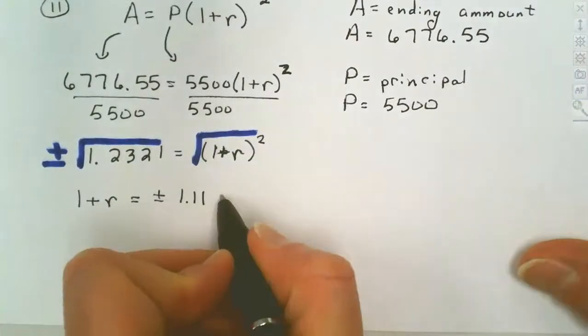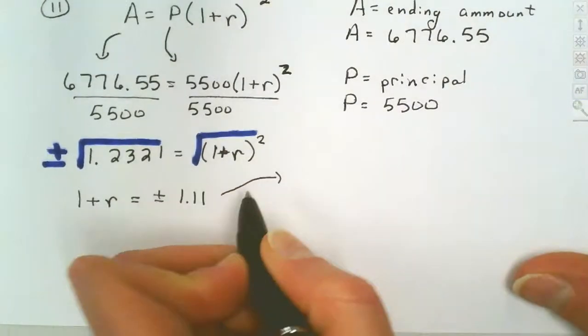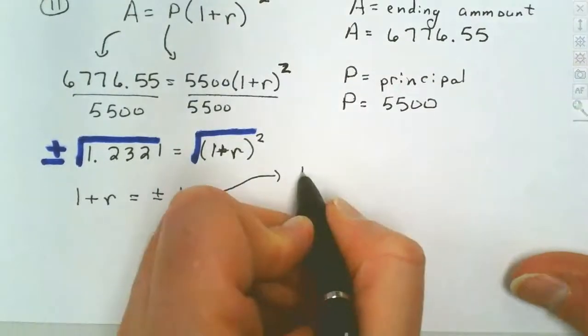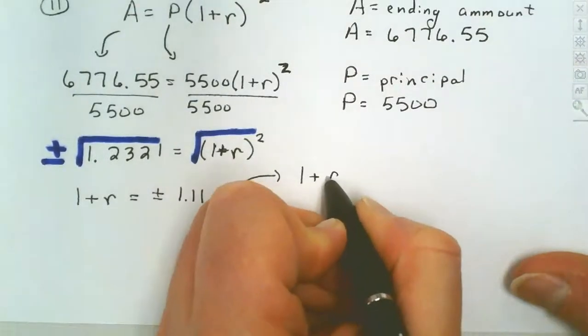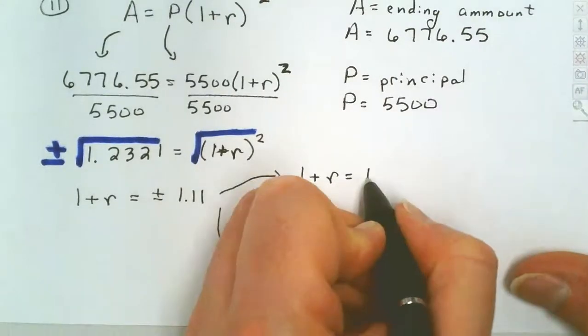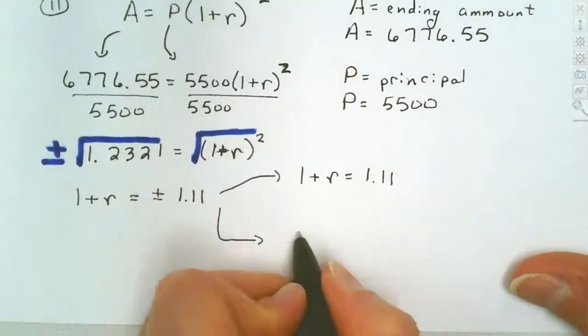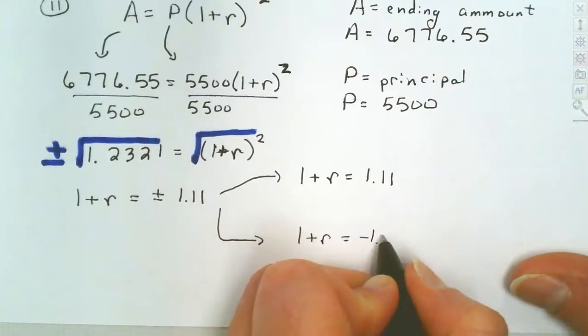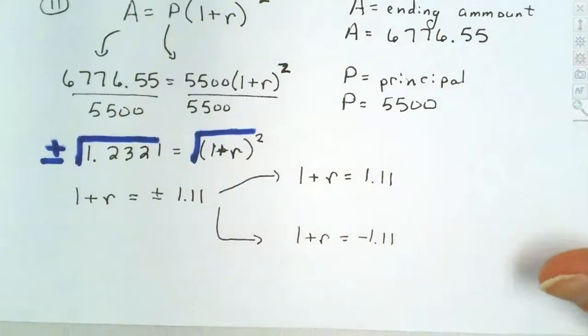I'm going to write them up, and you're going to have to finish it. So let's go ahead and write up our two parts here. We have 1 plus R equals 1.11. We have 1 plus R equals a minus 1.11.